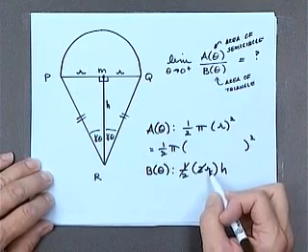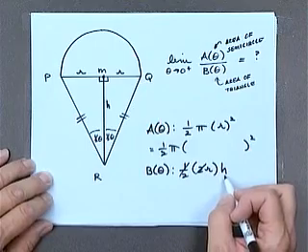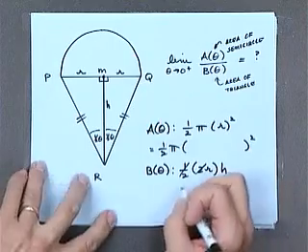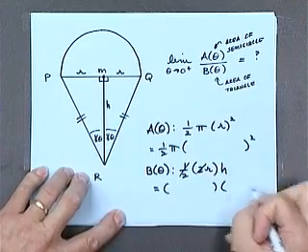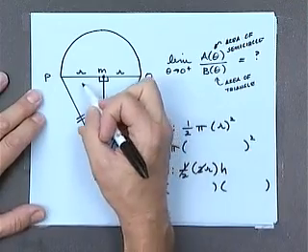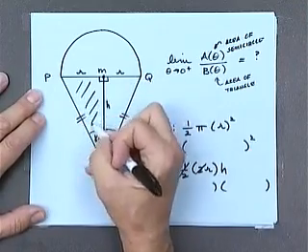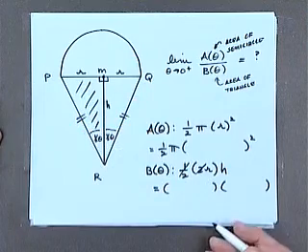So we need to know what r is. Let's figure out what that is in terms of theta, and we need to know what h is in terms of theta. So we need r, and we also need h. So let's use this triangle, this right triangle, right here to figure out what r is.